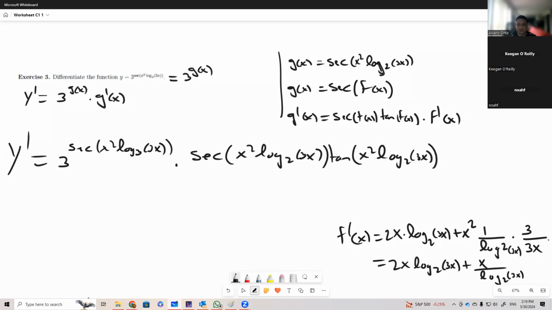And then I have to multiply by f prime, which is all this. So it's very long, but that is the way that you do it. And as always, if you can determine that this is a composition, you can always break this apart in steps. So you remove the complication. You see? Okay.